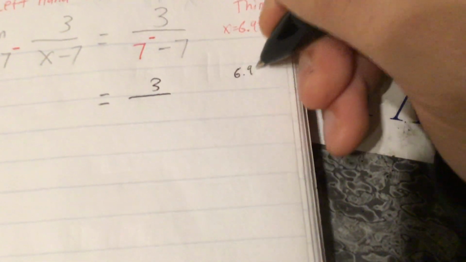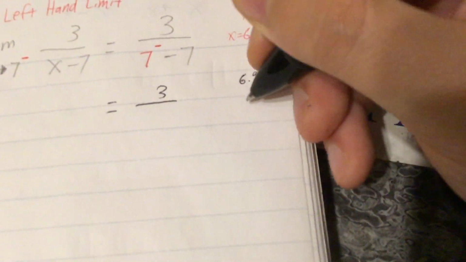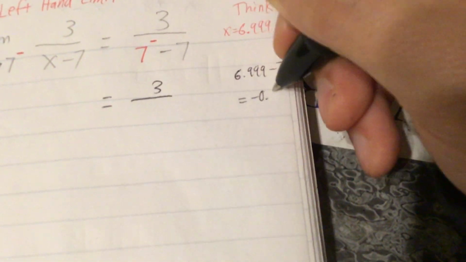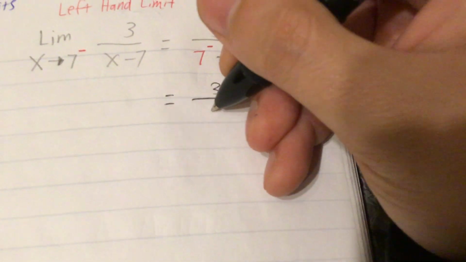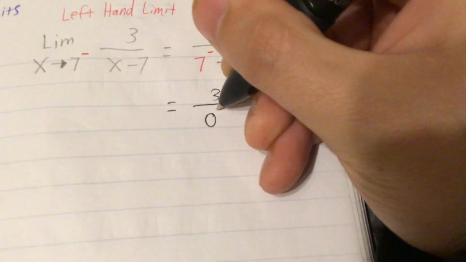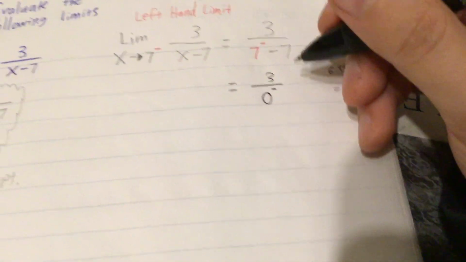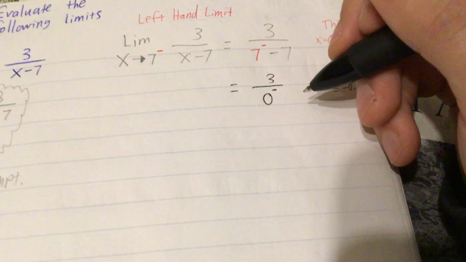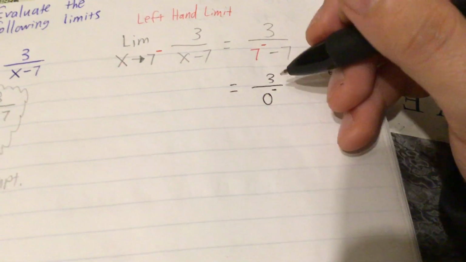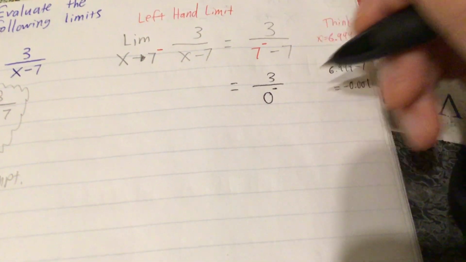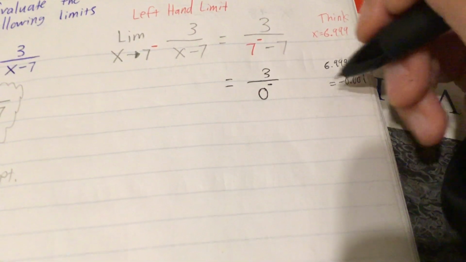Because 6.999 minus 7 is about negative 0.001. So what I do for this notation is I say 0 from the left side. So 3 over 0 from the left side means 3 over negative 0.0001.